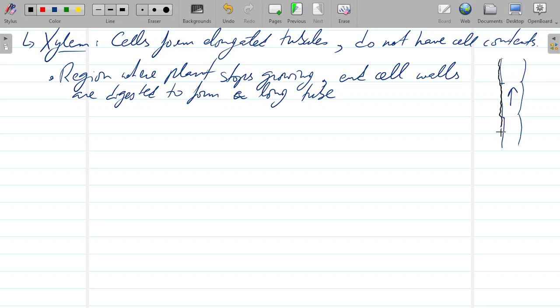Its mention has come up earlier. So lignin is deposited in it, and they're thickened by lignin.